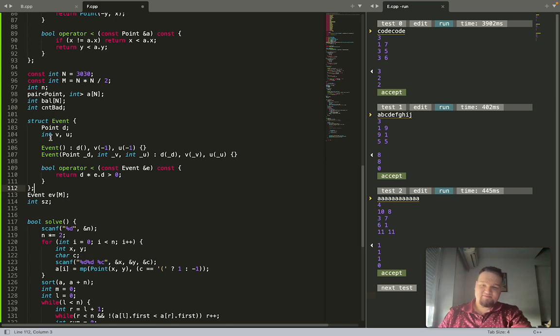Each event stores IDs of the points that I need to swap. By those IDs, I can find their positions and perform the swap and maintain the balances and do all the checks. That's the idea.